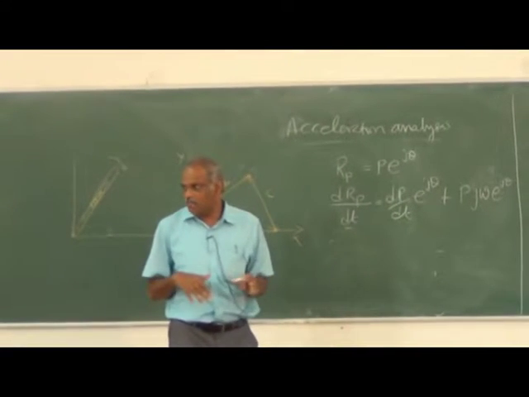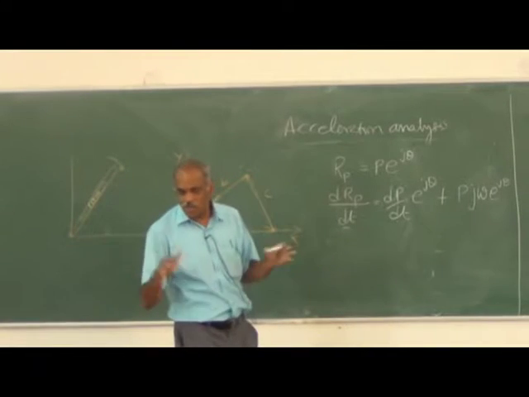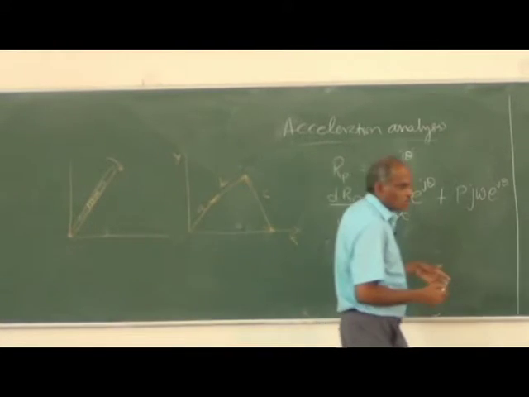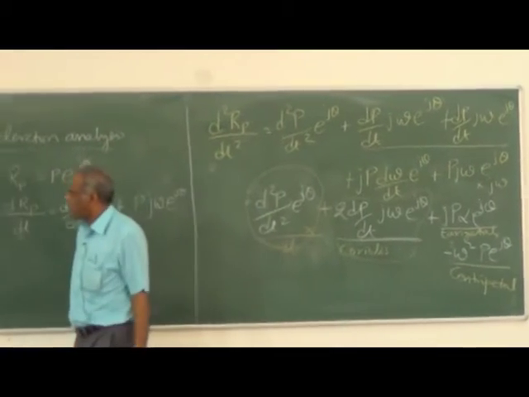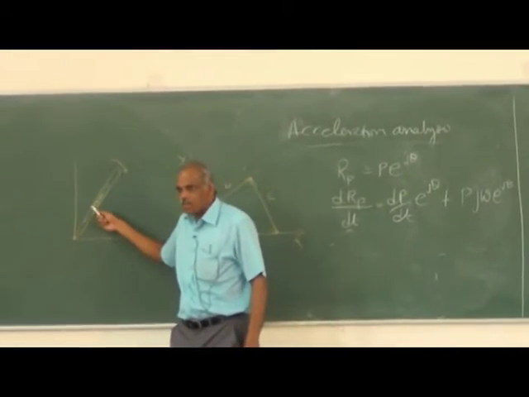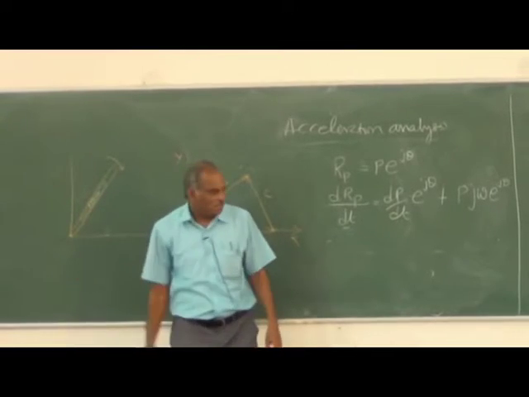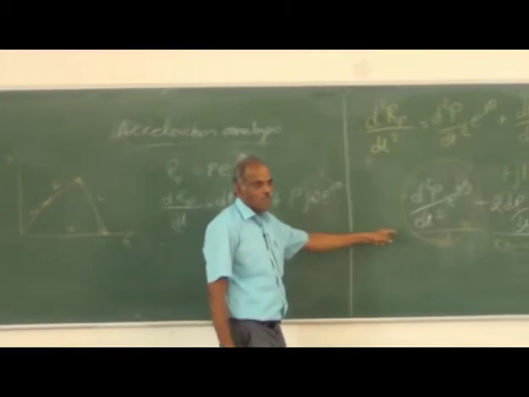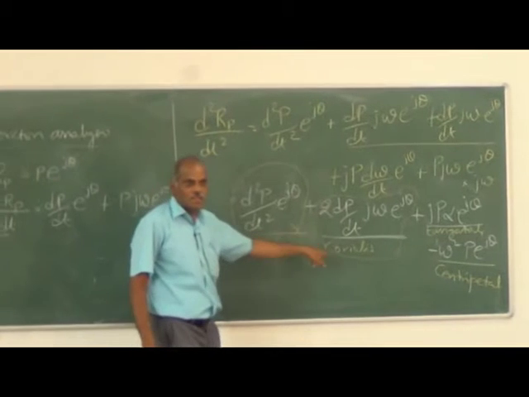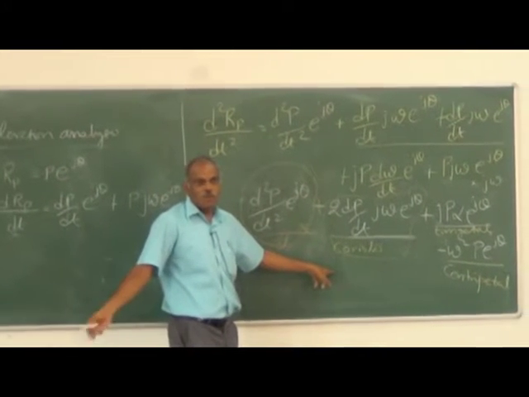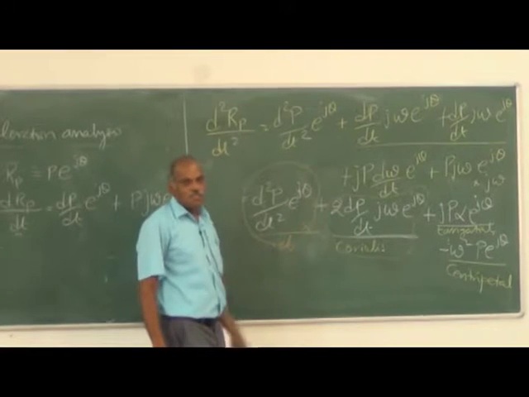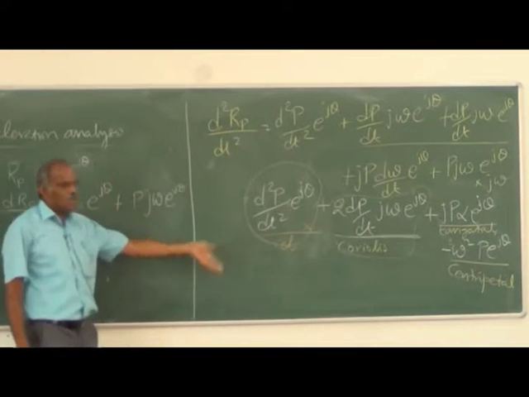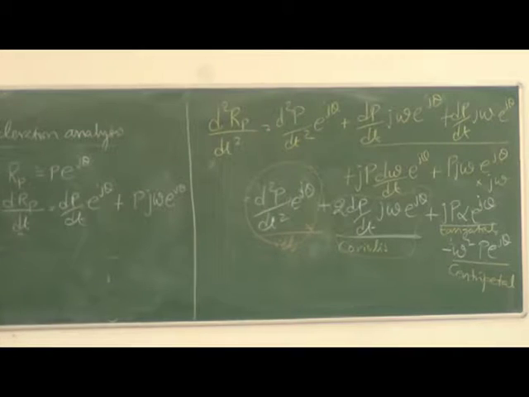You should have a prior idea of which acceleration components will come in, whether a Coriolis component will come in, whether the relative acceleration component will come in. That is the problem with the graphical method. Whereas if you go by the differentiation method, you will get all the 4 terms automatically.